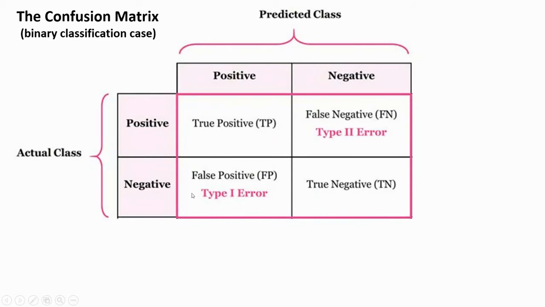Another set is if your actual data set is negative but your machine is calling it positive. Again, this is a flaw and it is called false positive. And the fourth case is it is actually negative and the machine is also calling it negative. So that is true negative. So far so good, understandable?